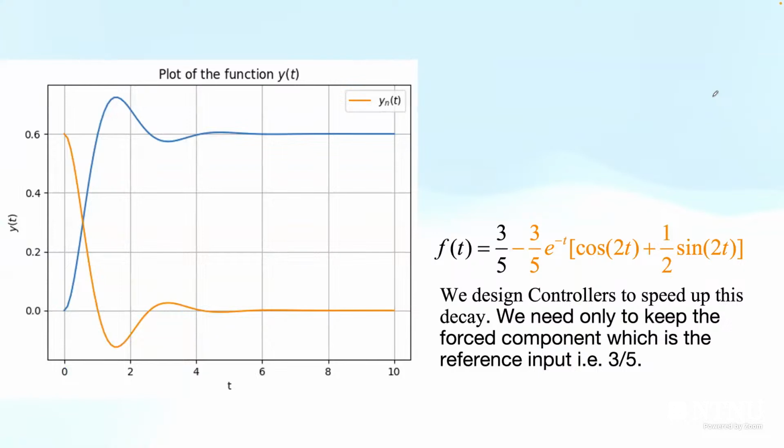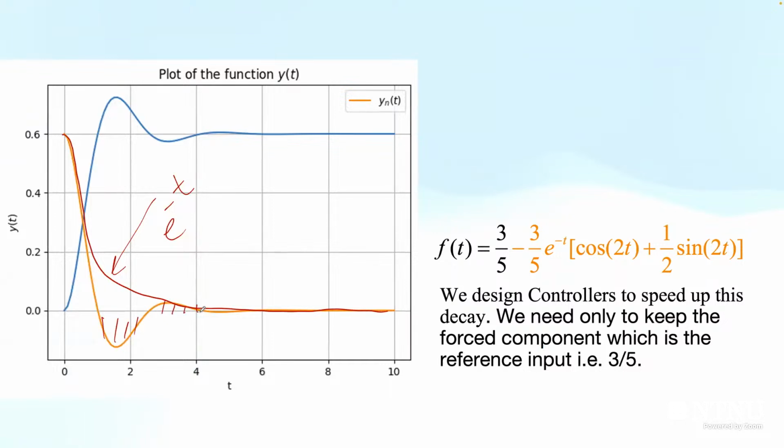So plot the function, and if you want to plot only the natural component, as you can see, this is the natural component. In fact, it's exponential negative. You see this red line? It's e minus t. But because it's multiplied by cosine 2t and sine 2t, you will have this sinusoidal impact. So in fact, it's the exponential multiplied by this impact. So it will generate this undershoot and overshoot, right?